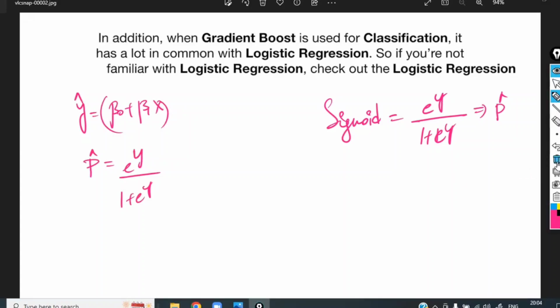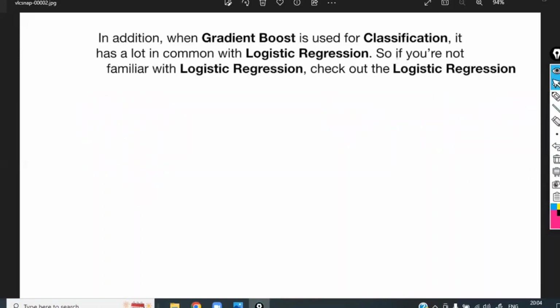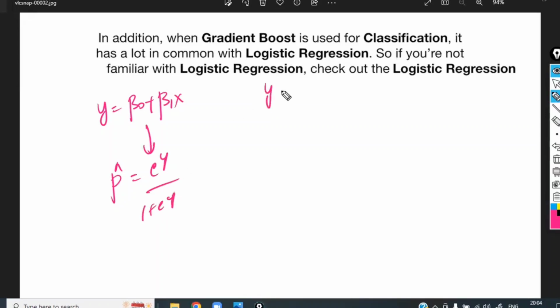Now the same thing we are going to do in this one. Here the y is different. There the y is beta naught plus beta 1x, and after that you use the p value, that is e to the power of y divided by 1 plus e to the power of y. Here the y is a different one. Here the y is log of odds. Now what is meant by log of odds? That we are going to see.